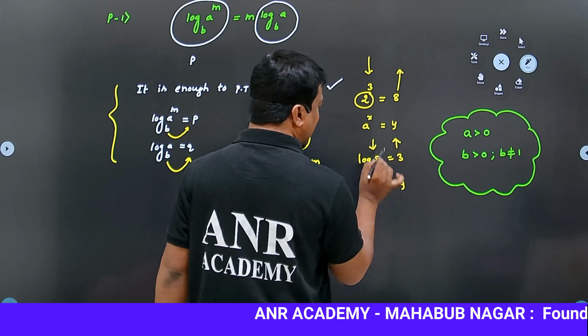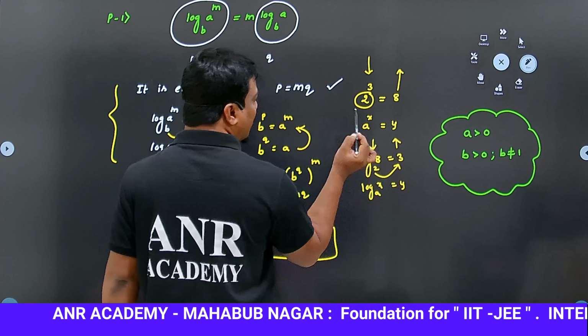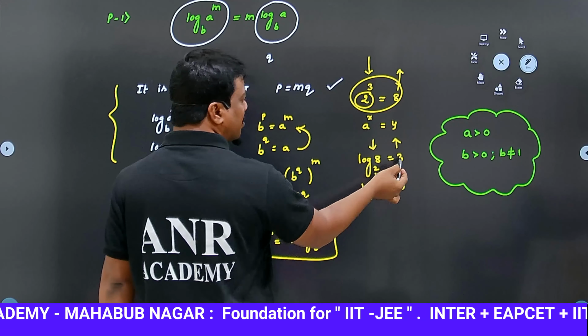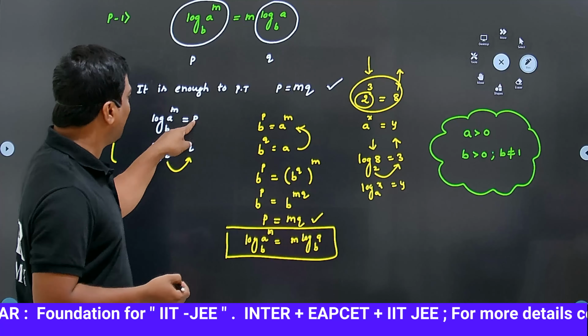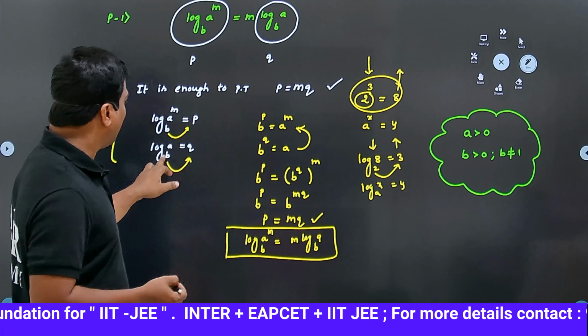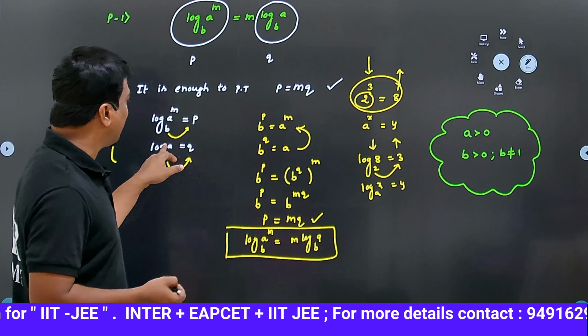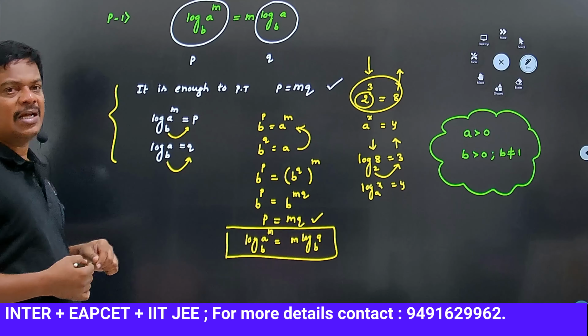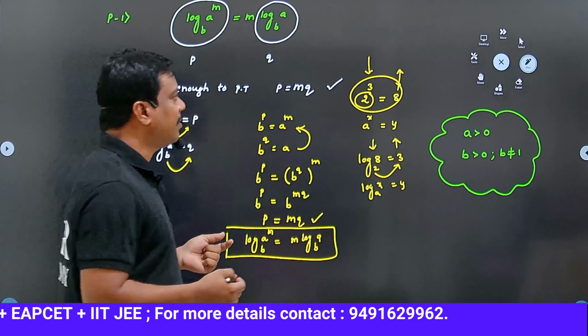So here 2 power 3 becomes 8, and log 8 base 2 equal to 3. So here log a power m base b, if you assume p, b power p becomes a power m. Log a base b equal to q, b power q becomes a. So this is the proof of the first property, and let us go to the next one.